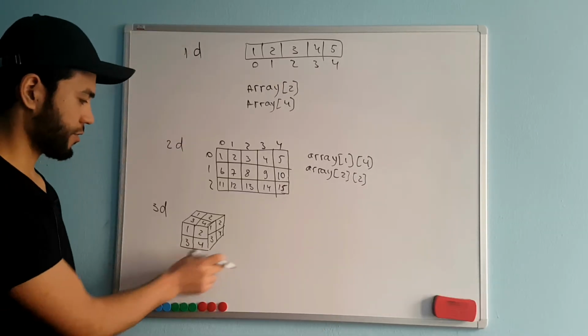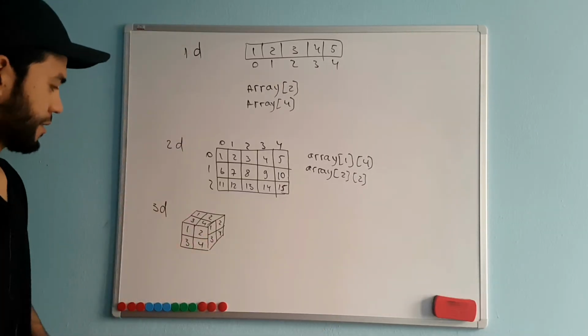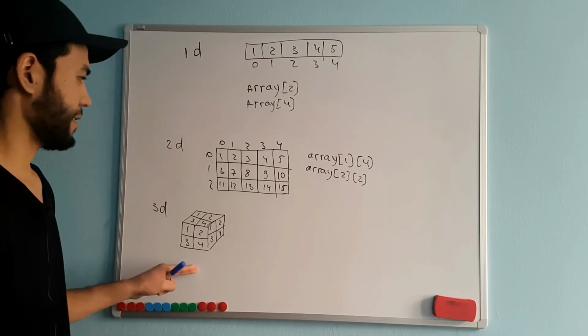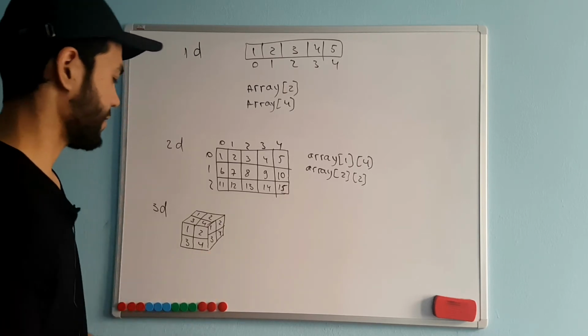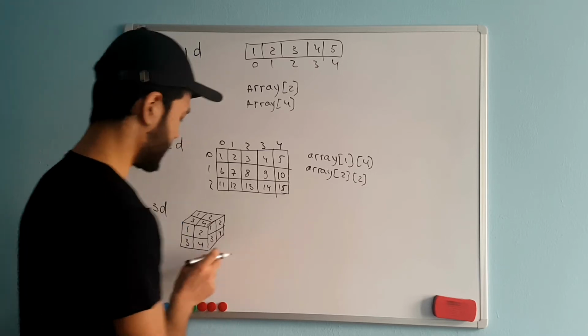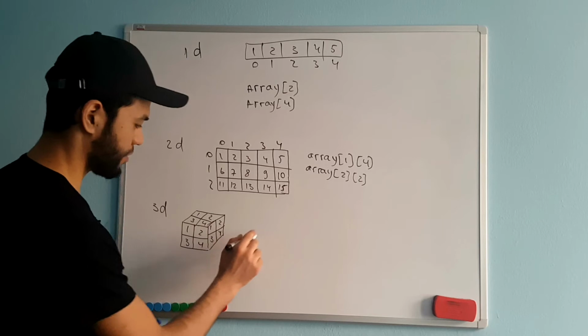This is the 3D array, and we write it like this, but we rarely use it. We are not using 3D arrays too much. Let's see how we can access any given number from the 3D array.